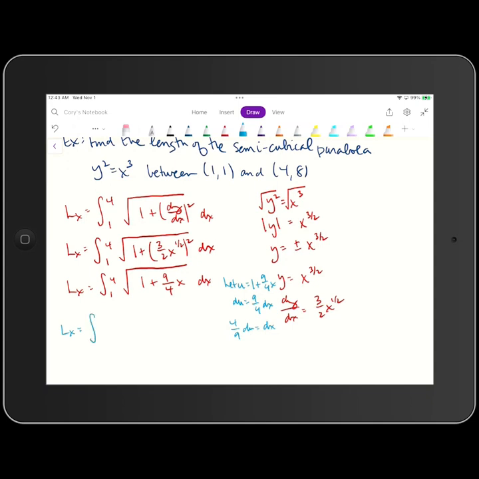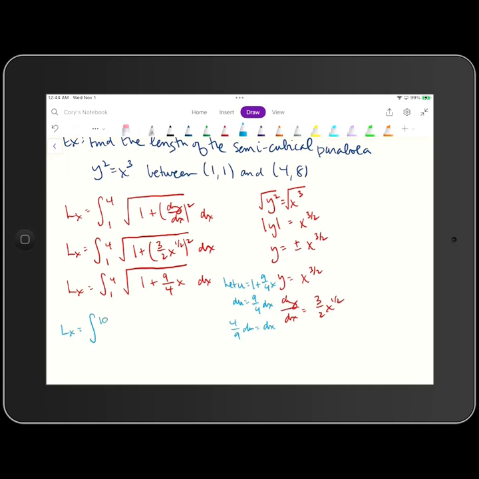So my goal when doing u substitution is I want to get all parts of my integral, so the limits of integration, the integrand, and then what we are integrating with respect to, all written in terms of the variable u. Okay, so if I plug the two limits of integration in the place of x in my u equation, we get 1 plus 9/4 times 4 for the upper limit, which is 1 plus 9, which is 10.